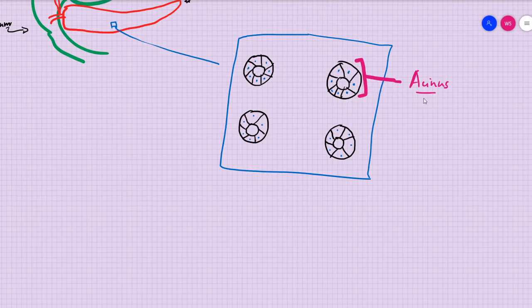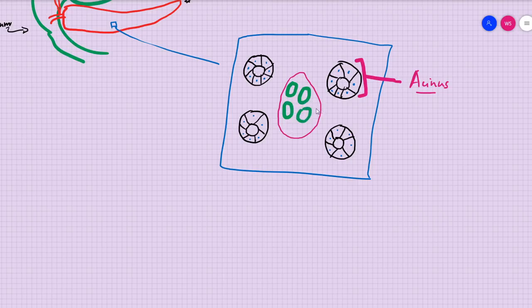Okay, and the acinus forms the exocrine part of the pancreas. Now there is another sort of area that is seen within the pancreas, and within this different sort of an area, we see a different type of cells.